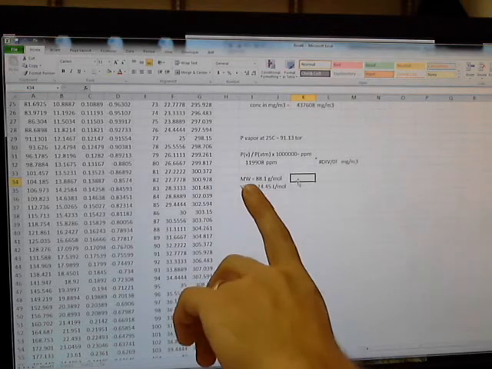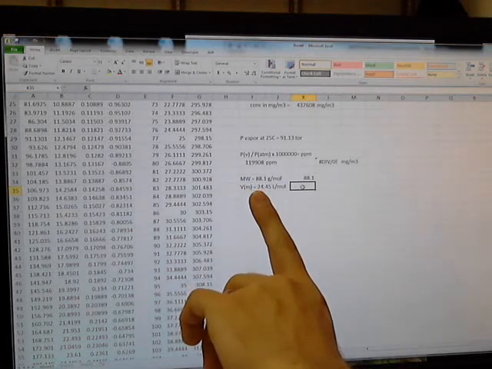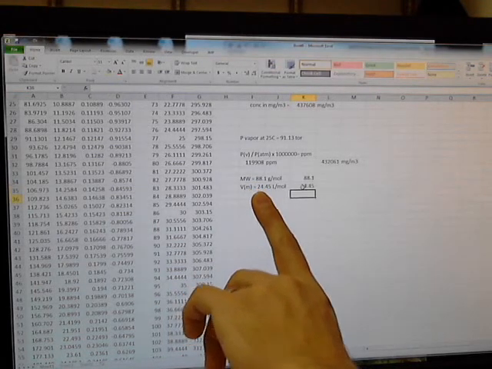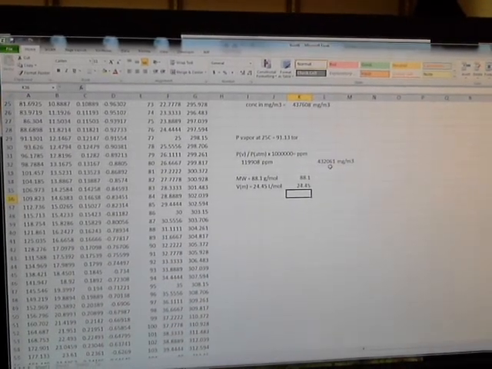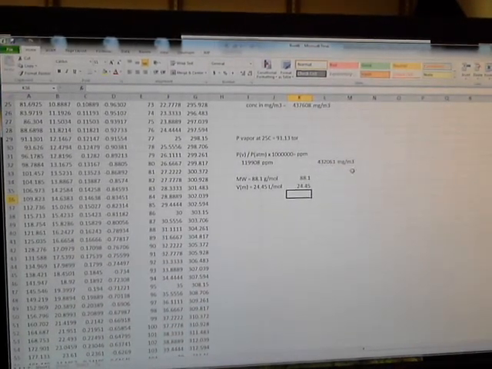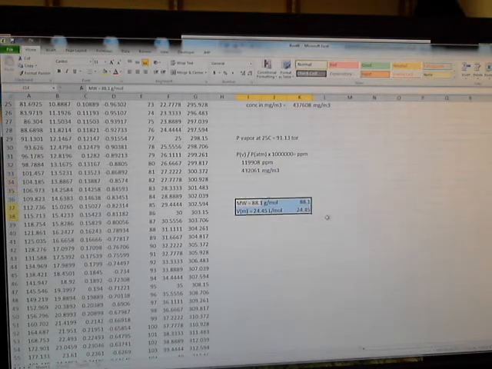So I'm going to type those values in. Those aren't active formula cells. That was just for our own information. So 88.1 grams per mole, and then this is 24.45. As soon as I do that, I get 432,000. So these are our answers. Now I can actually just drag them over here and move things around.